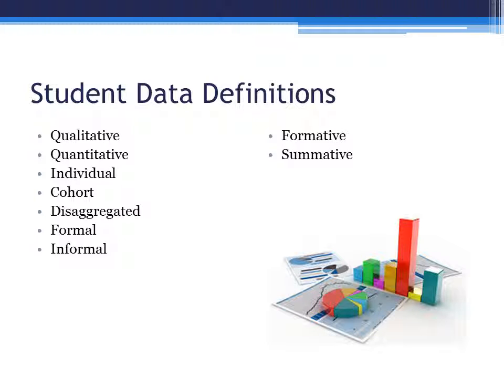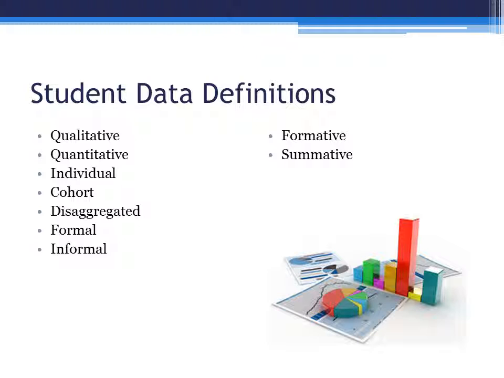Another distinction to make is between formative and summative data. Formative data is data that is collected during the process of instruction. So typically, if we were doing a 6-week unit on a science concept, we might want to do some formative data collection every week just to get a sense of where students are.